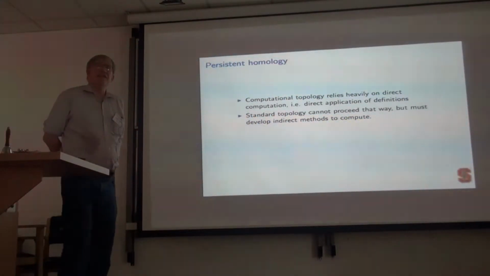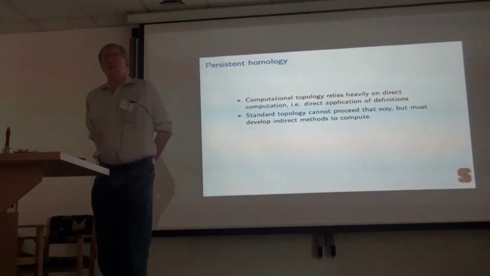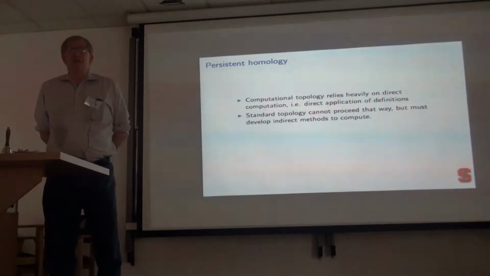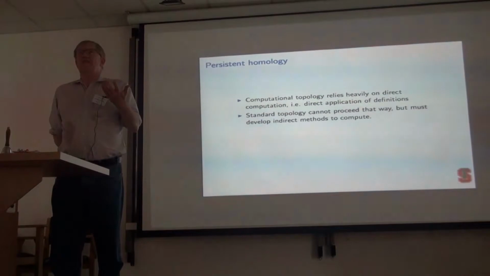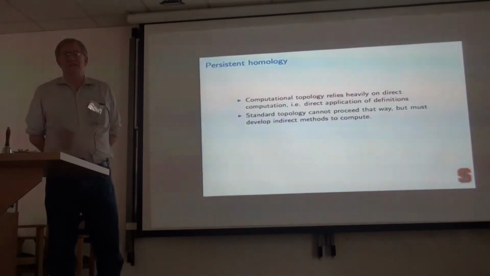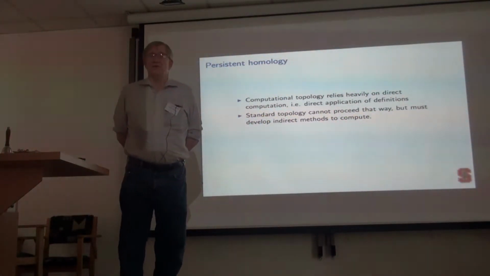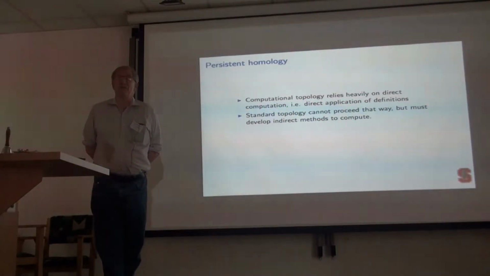Standard topology doesn't have that option because standard topology, when you define the homology of a space, is defined to be singular homology, which at the very outset starts out with an uncountable dimensional vector space or uncountably generated abelian group. And so it's hopeless from the point of view of performing direct computations from the definitions.